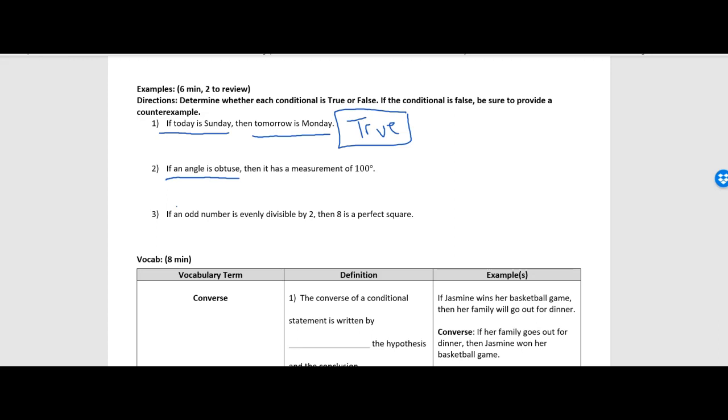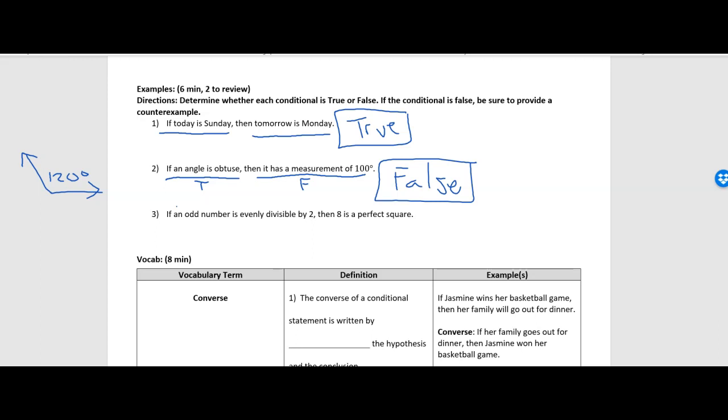Because I could have a 120 degree angle. That angle is obtuse, but its measurement is not 100. So if the hypothesis is true, but the conclusion is false, then this whole thing is a false statement, right? The angle does not have to always be 100 degrees. It could be 120, it could be 121, etc.